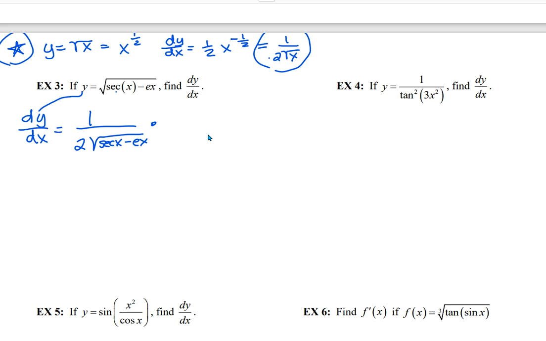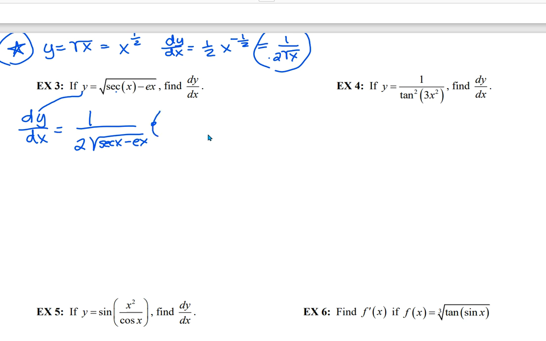So the derivative of secant is maybe not something that you have memorized. You can look it up or work it out or memorize it, but chances are you better memorize it. All right, so anyhow, the derivative of the secant right here is secant times tangent.